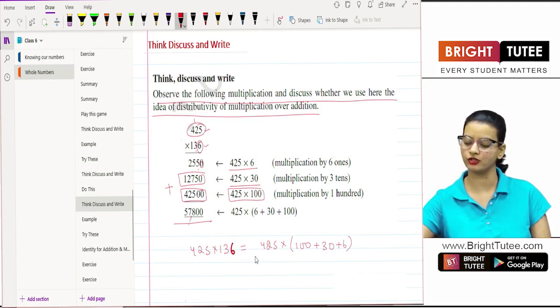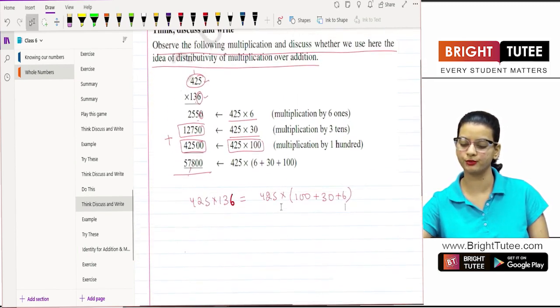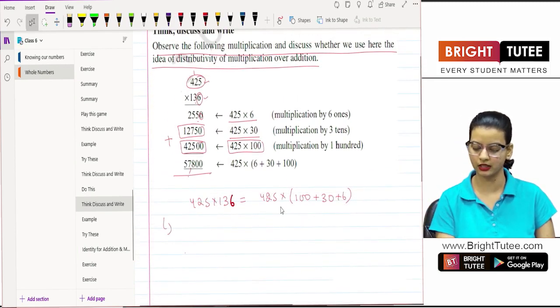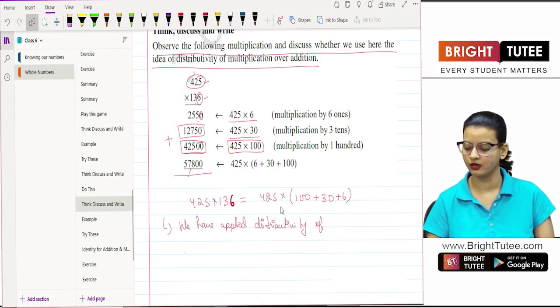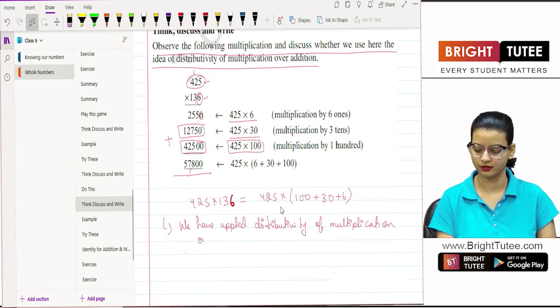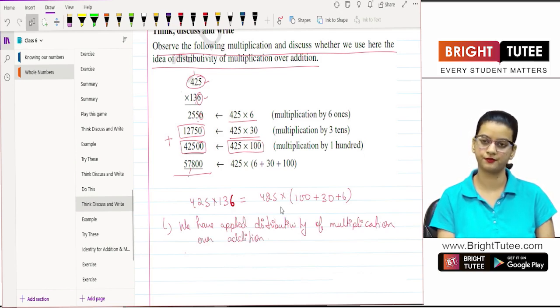So we have actually applied distributivity of multiplication over addition. So we have actually applied this, okay.